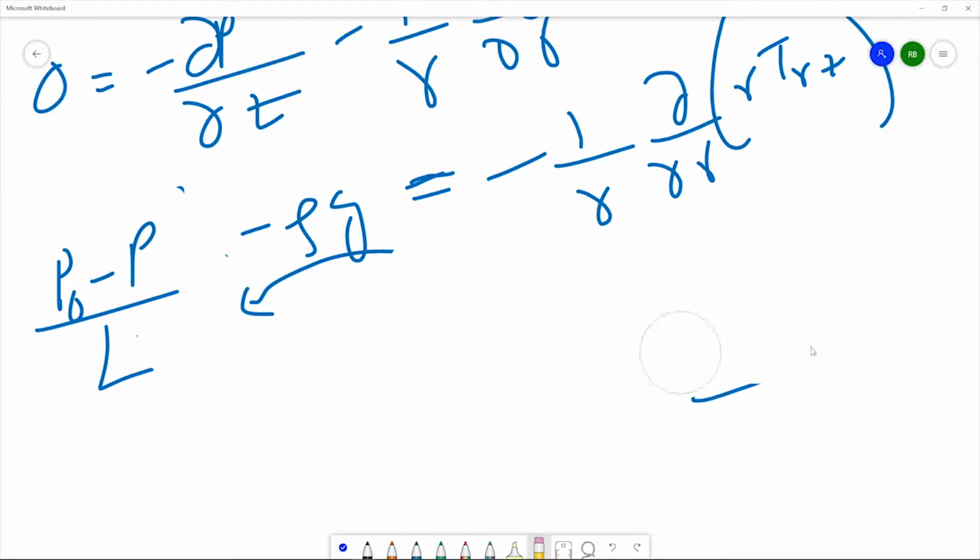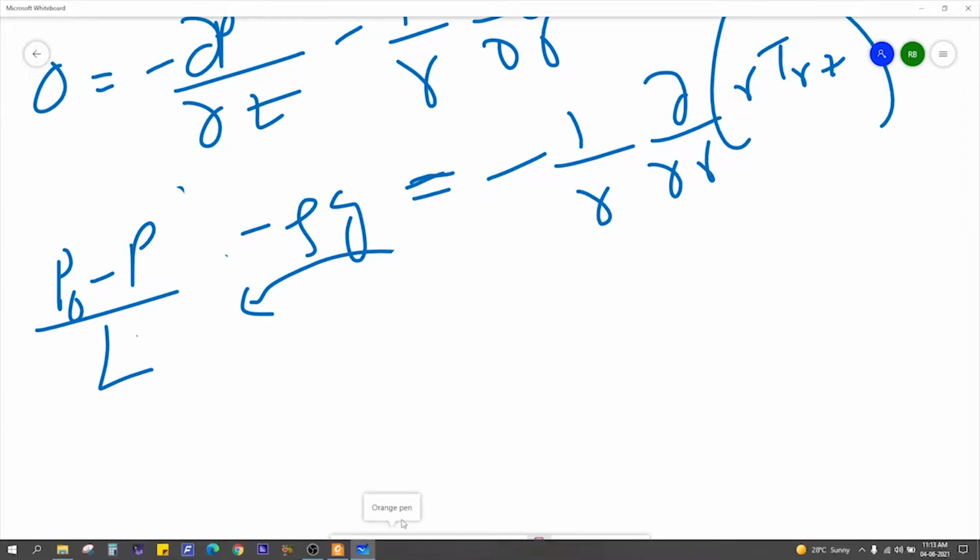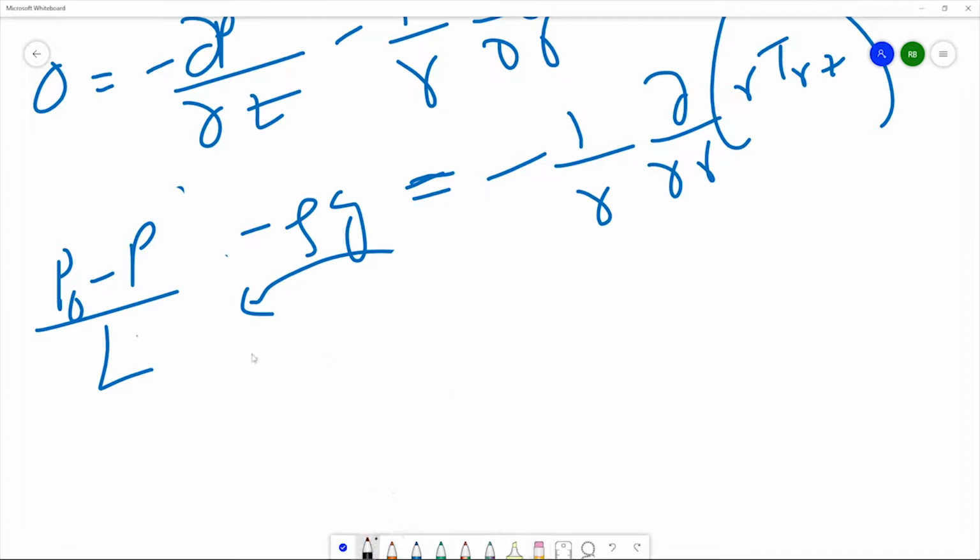Now you can use the definition of modified pressure, right? You have done it before. If you use the modified pressure, p naught minus rho g 0, it will again be 0 only. There is nothing.